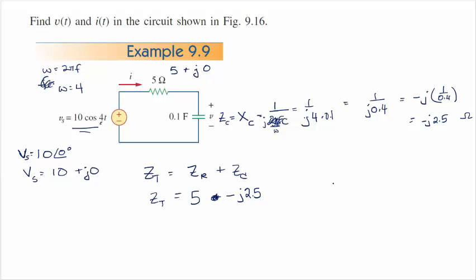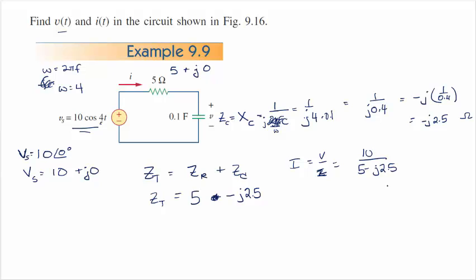And now we have to find V total and I total in the circuit. So we can apply Ohm's law now. I equals V over Z. We have V is 10 and Z is 5 minus j 2.5.